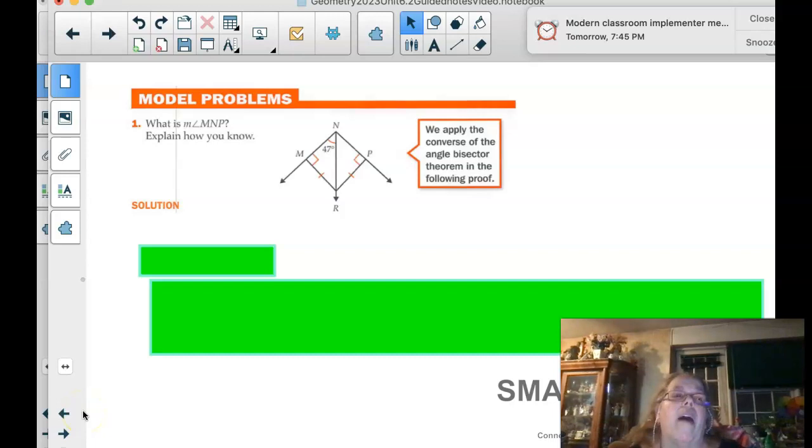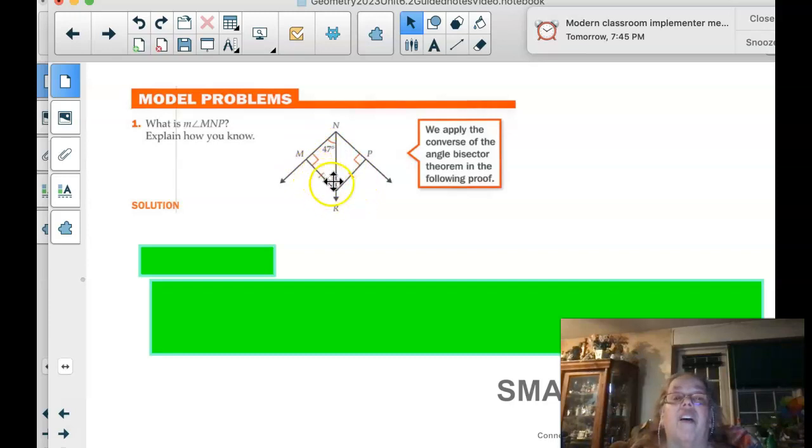Okay, take a look at what we have here. What is the measure of angle MNP? I'm going to trace it for you. MNP. It's this angle here, the bigger angle. Okay, and explain how you know. Well, what do we know?